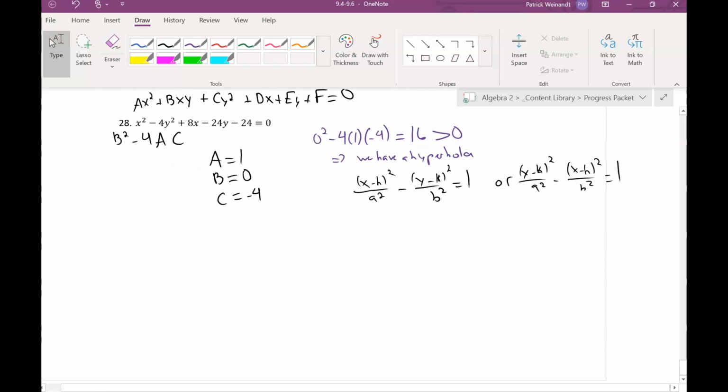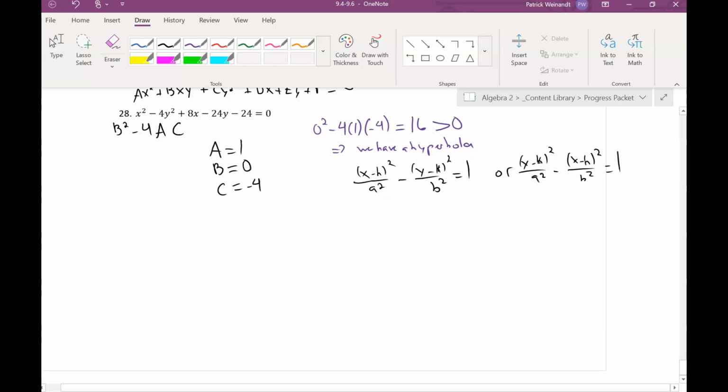Okay, but we have this giant mess of an equation up here. And what we have to do is first get the constant terms to the other side, and then we want to group the y's with the y's and the x's with the x's, and then we want to complete the square after that. The only constant term we have is 24.